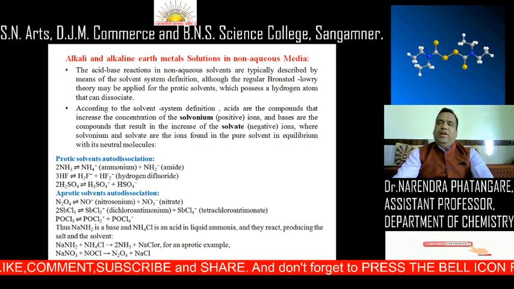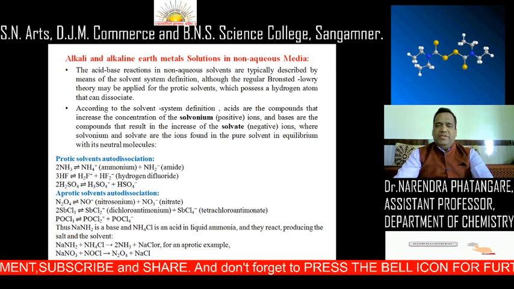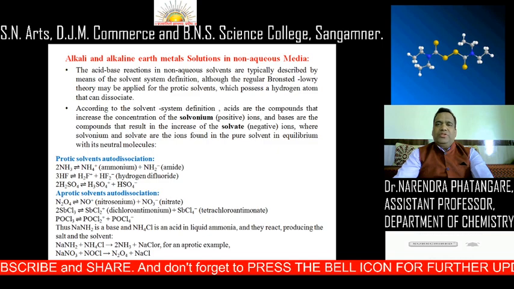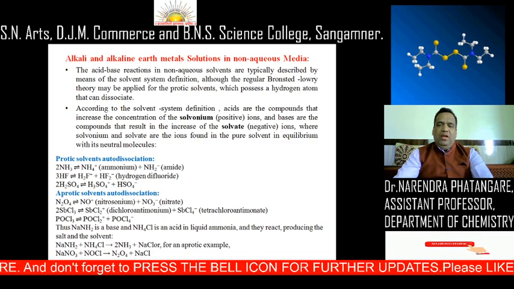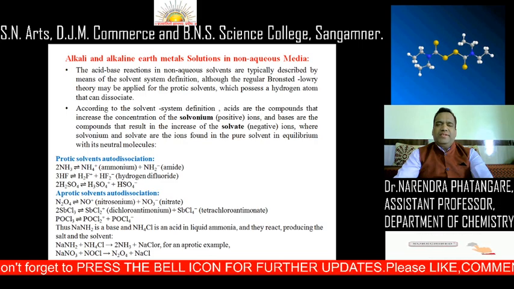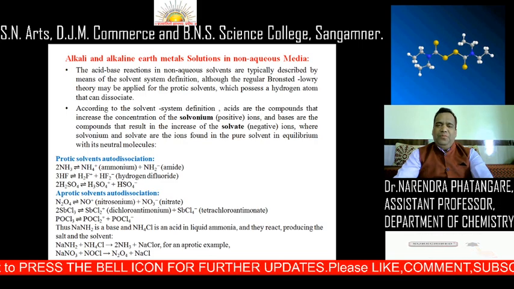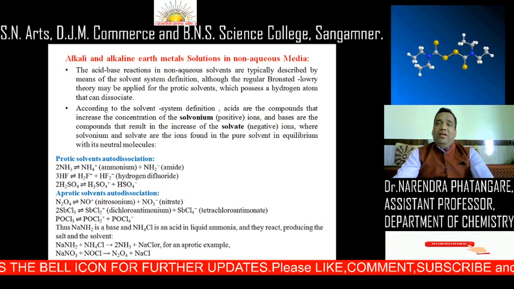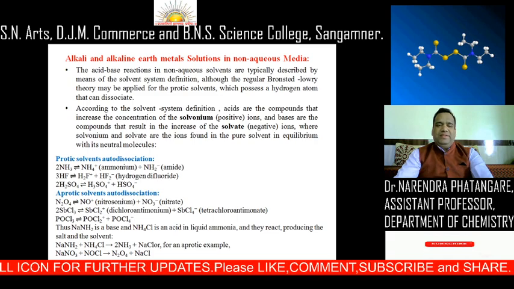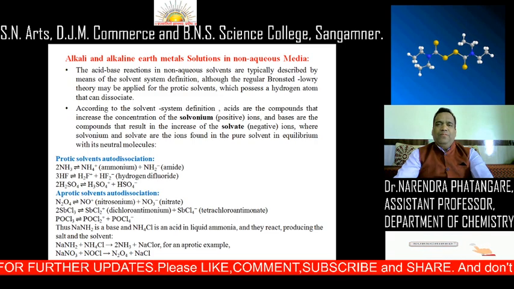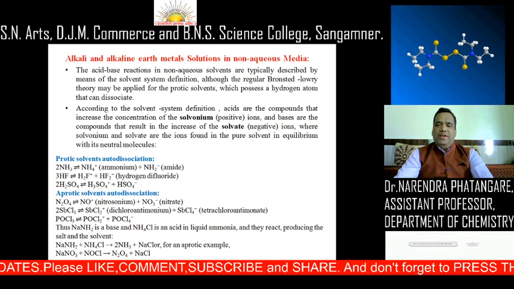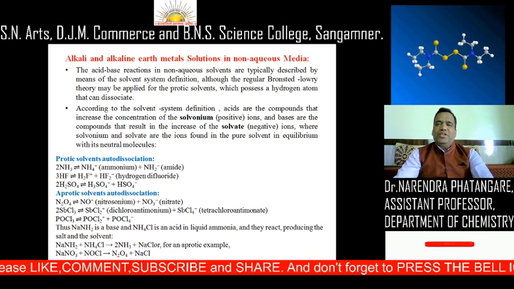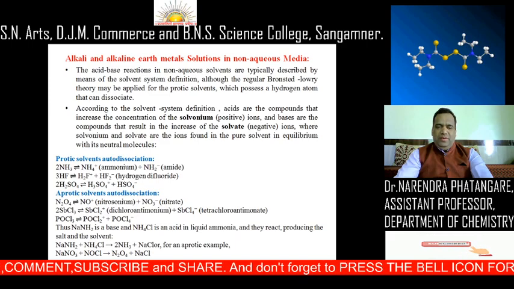Then again, we take some examples of aprotic solvents for autodissociation. First example is N2O4. It dissociates into NO plus, the nitrosonium ion, and NO3 minus, that is nitrate. SbCl3 dissociates into SbCl2 plus and SbCl4 minus. POCl3 dissociates into POCl2 plus and POCl4 minus.